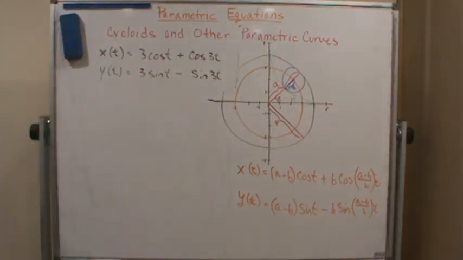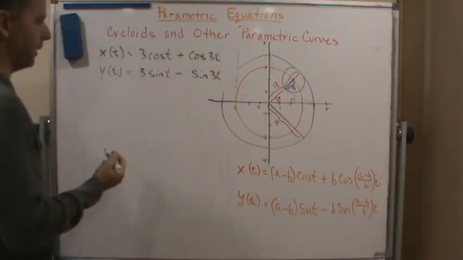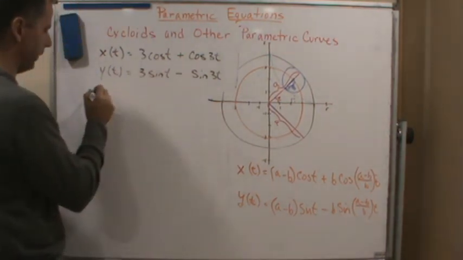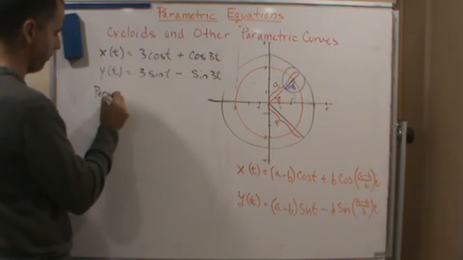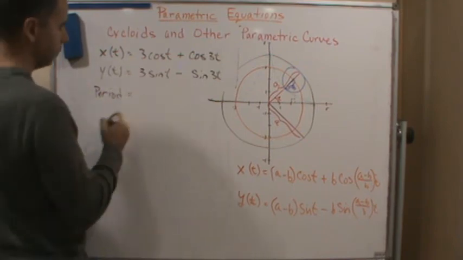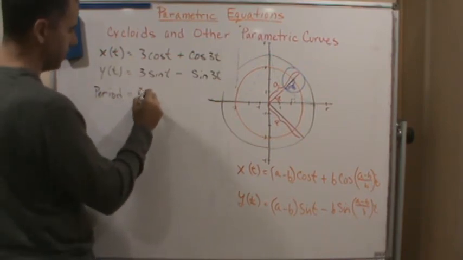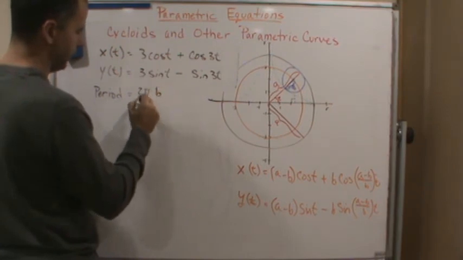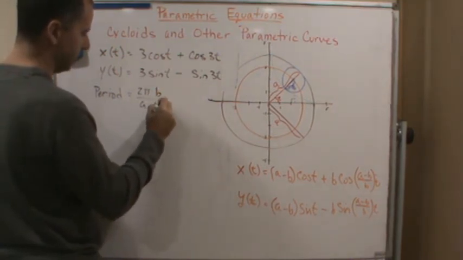And so notice that in this case, what's the period? Remember the period? The period equals 2 pi times b over a minus b.